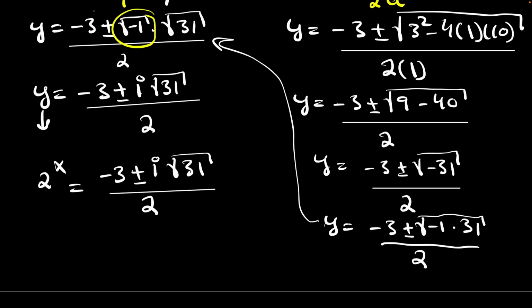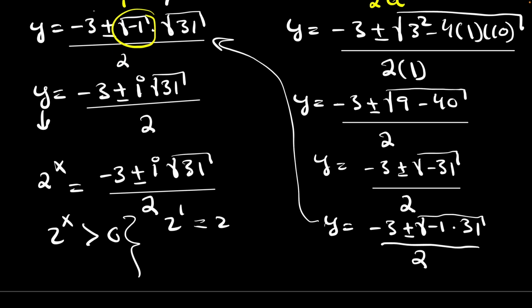As you know, the value of 2 to the x is always a positive number. So what do I mean by this? Whatever number you put for x, it becomes positive.